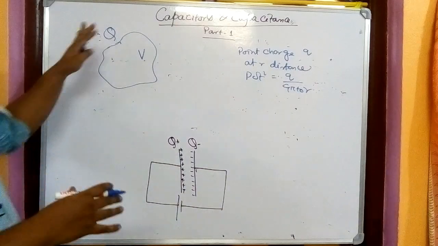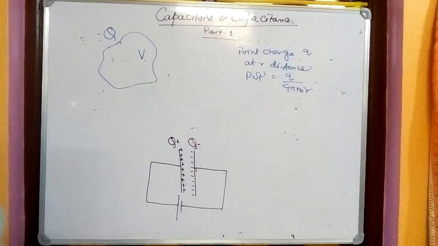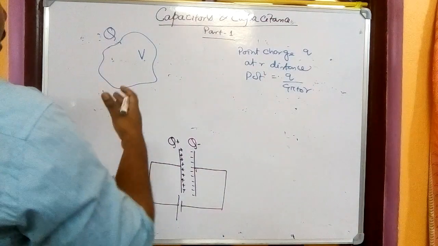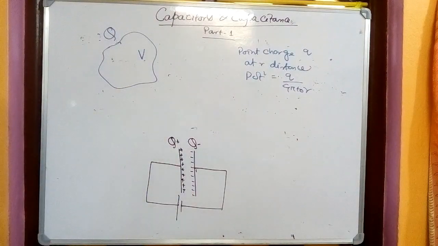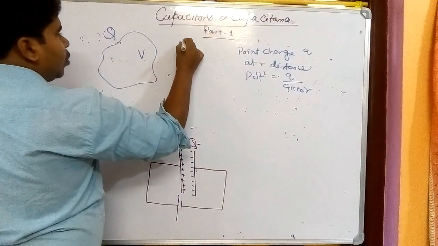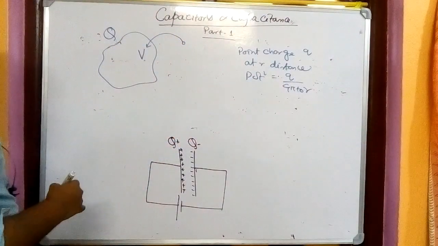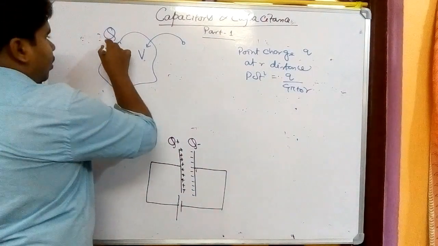Here also, due to the charge Q distributed over the conductor, there must be a potential created.